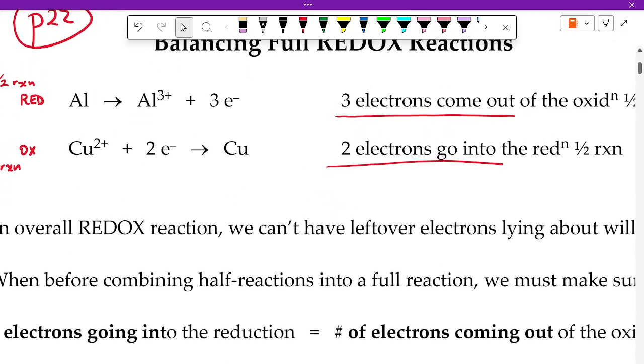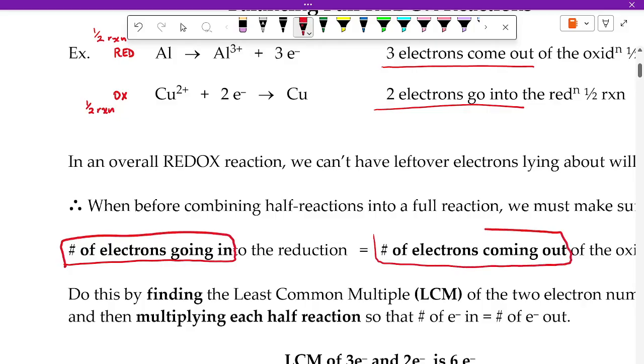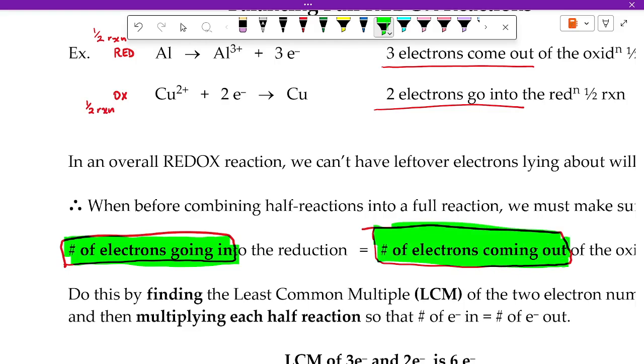So basically you're making sure that the number of electrons going in is equal to the number of electrons coming out. And we just multiply the entire half reaction. So the trick of it is that you balance the half reactions and then you multiply the half reactions so that the electrons in equal the electrons out, and then you just add them back together.